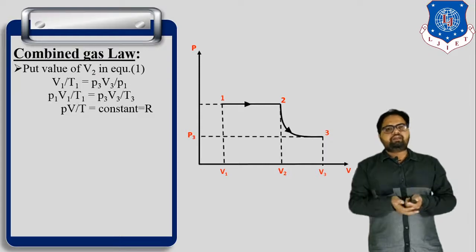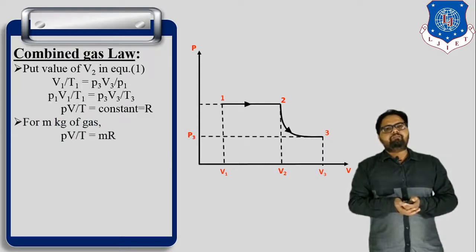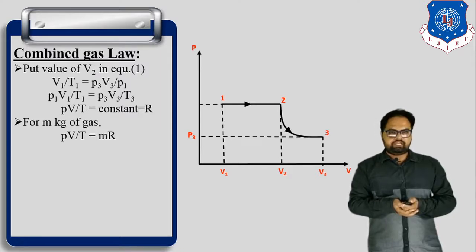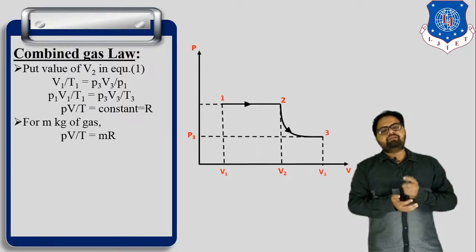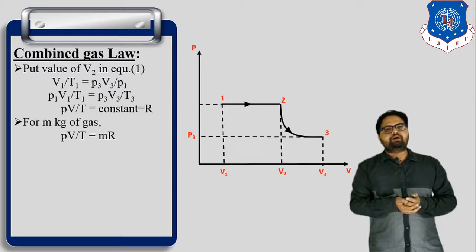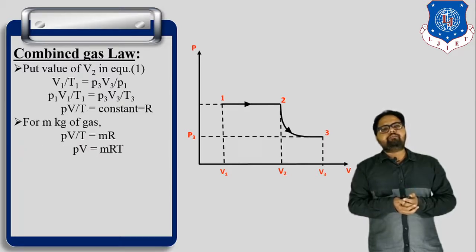Okay, so the final equation becomes PV by T is equal to R, so PV is equal to RT. This equation is for 1 kilogram of the gas. For m kilogram of the gas, we need to multiply with m. So the final equation becomes PV is equal to mRT, and that is the equation for the combined gas law.